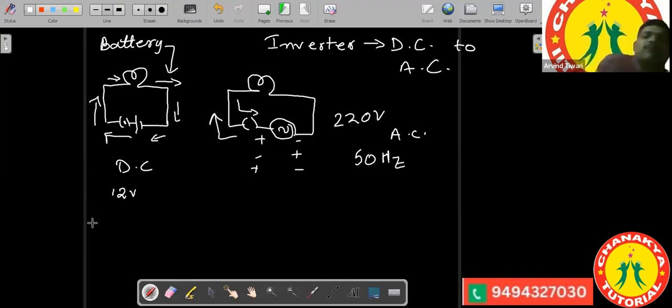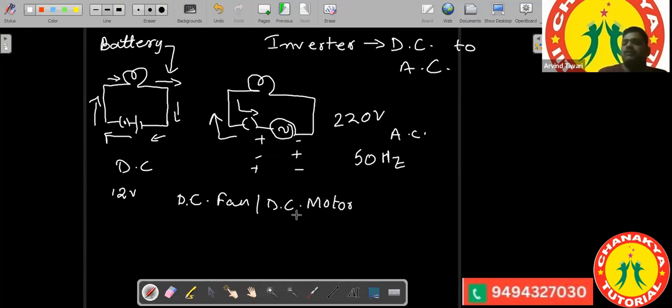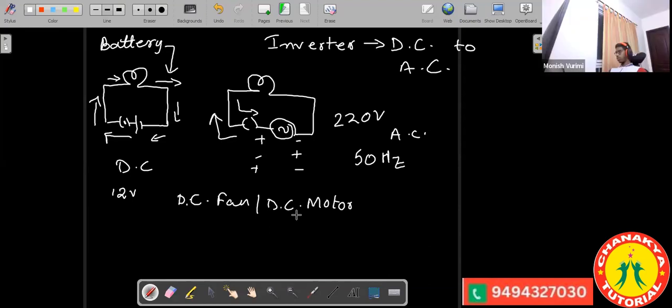If you observe in DC, suppose you have a DC fan. Is there anyone who has used a DC fan or DC motor? Anyone ever seen a DC fan or a DC motor? No? That's okay.